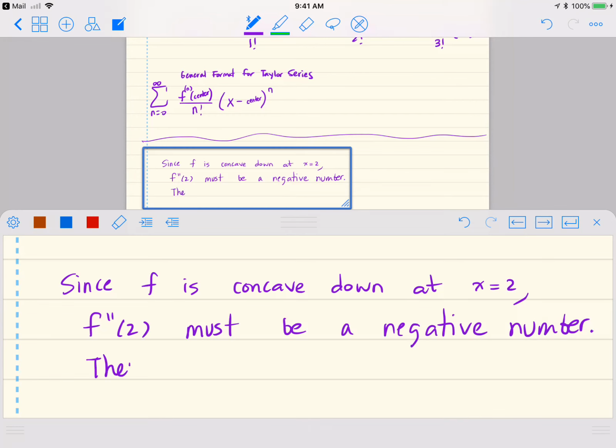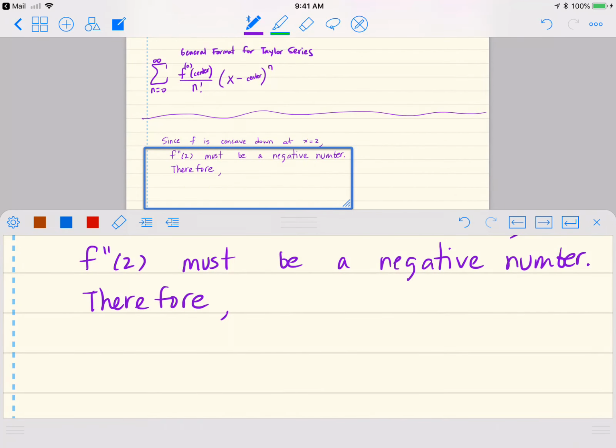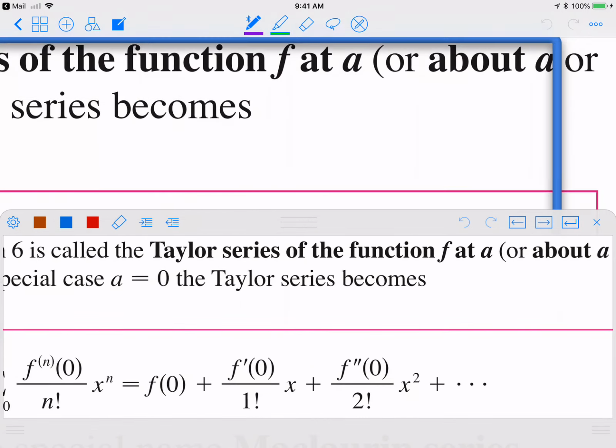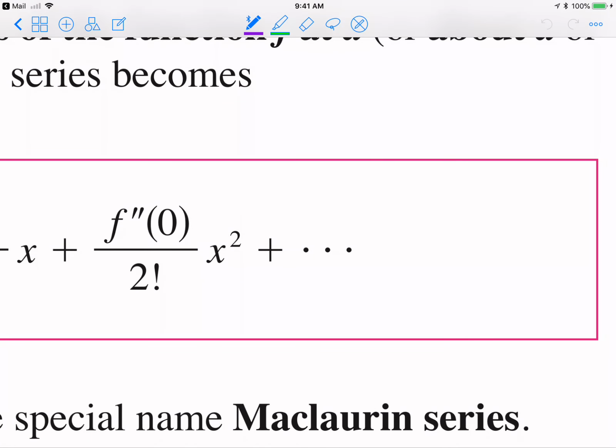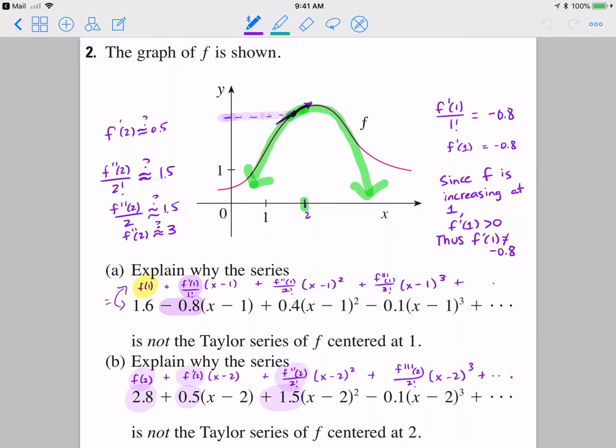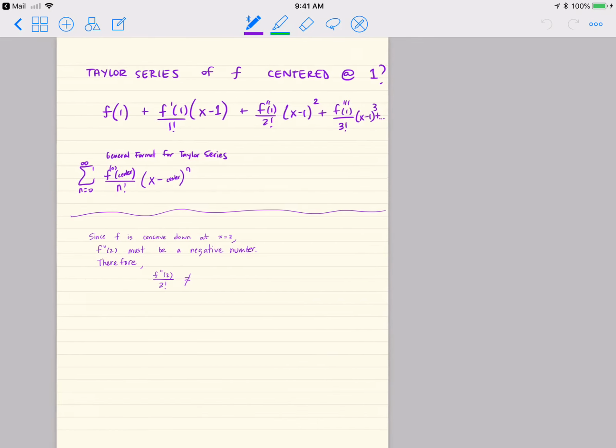Therefore, f double prime of 2 over 2 factorial can't be, what did we say it was supposed to be? It was supposed to be 1.5. Yeah, it can't be 1.5.